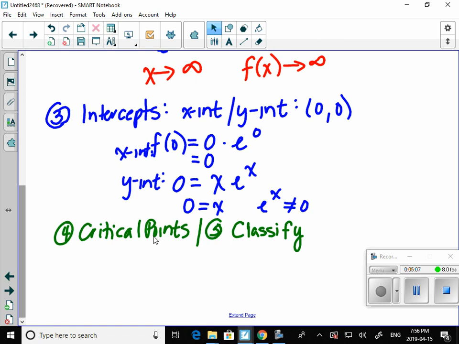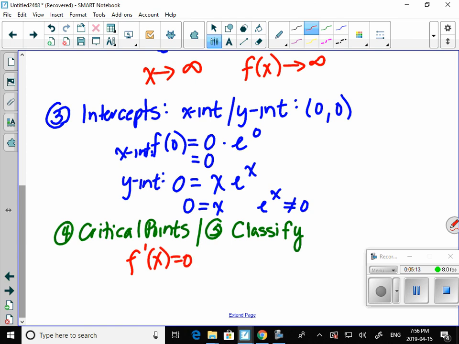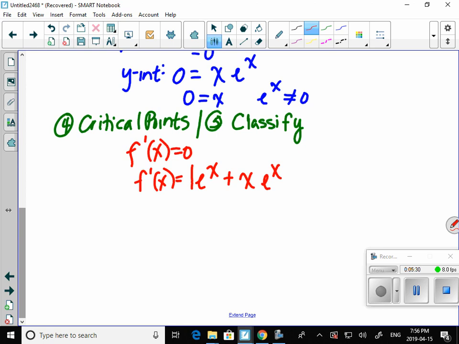So I need to know where my derivative is 0 or undefined. So let's have a look at our derivative. The derivative of a product is the derivative of the first times the second plus the first times the derivative of the second. We could write that in factored form as e to the x times (1 plus x).